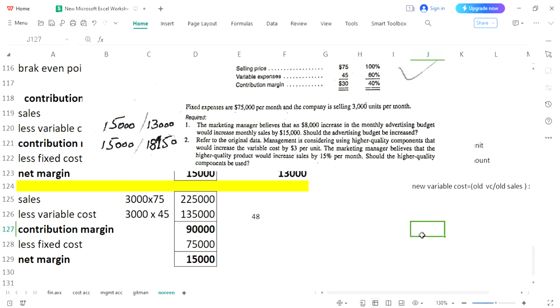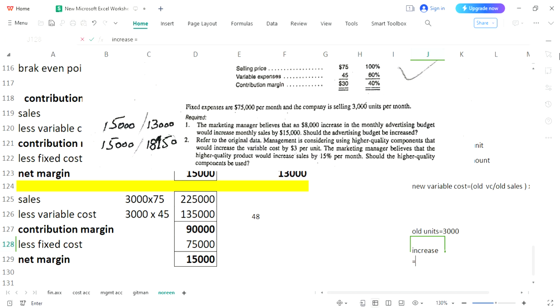We can calculate over here. It's a very simple thing. Your old sold units were 3000, and now the increase is 15%.